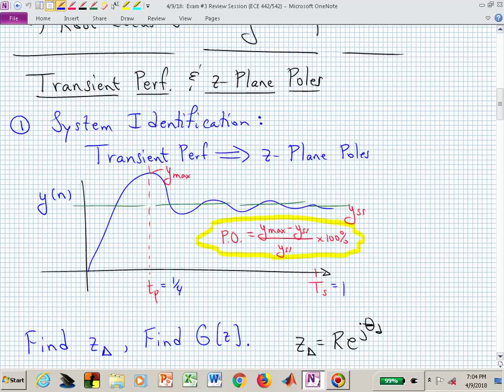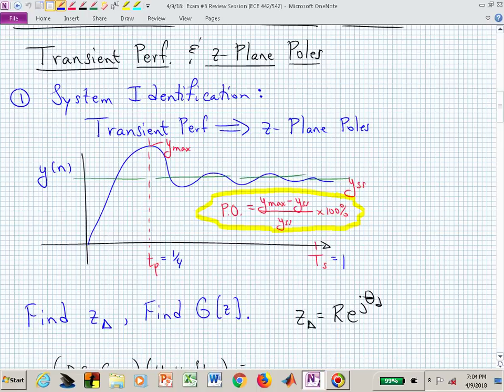It makes a pretty big difference in your angle for theta sub D. Here your percent overshoot is the maximum value minus the steady state value divided by the steady state value. And time to peak is clear, Y max is clear, and the settling time, that's the one that maybe requires more subjectivity, but when it looks like it's getting close to the steady state value, you can say, okay, here's where I'm drawing the line and saying this is my 1% settling time value.